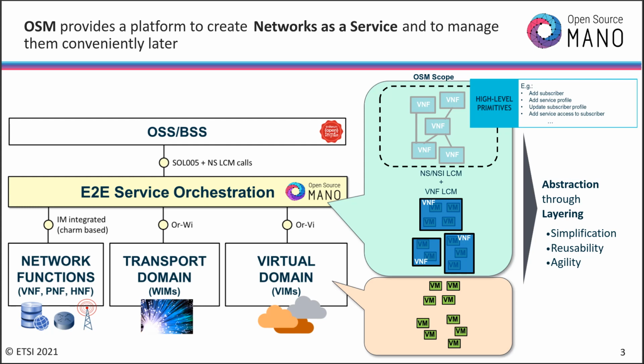And for that purpose, OSM communicates with the different platforms that are supplying the low-level components, I mean the VMs, some different types of connectivity, and even their own pieces of software that are deployed on top of them.